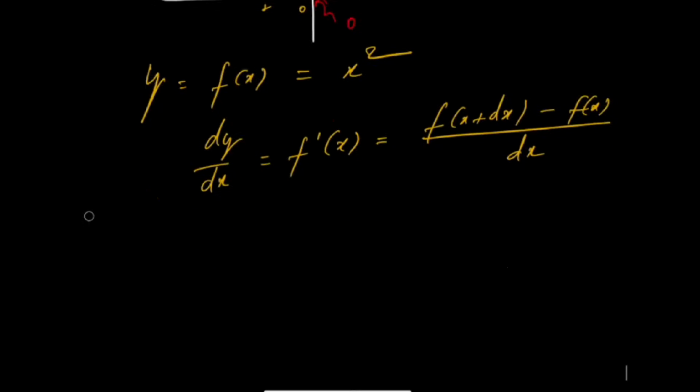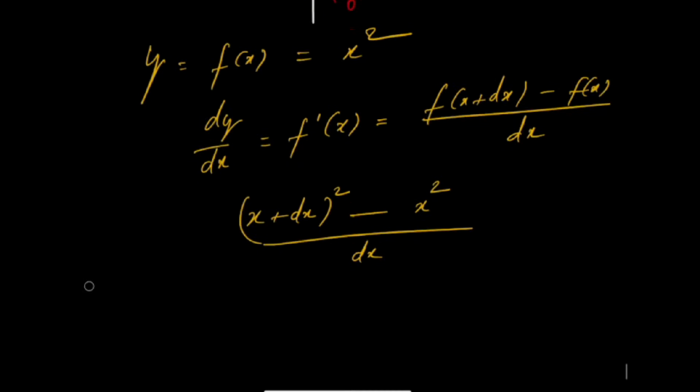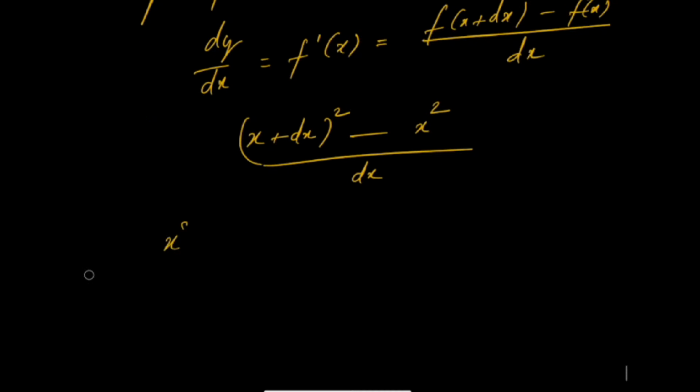So what is f of x plus dx? It is x plus dx whole squared, minus f of x, which is x squared, by dx. Now if I expand this, (a plus b) whole squared is a squared plus 2ab plus b squared, minus x squared, correct?